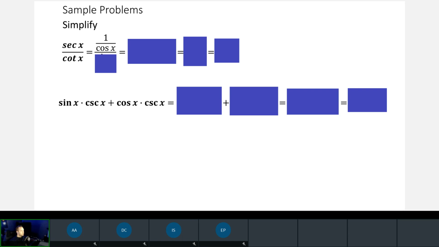Oh, I don't have it on the sheet. Oh, well, I don't have the sheet. Okay, that's okay. Oh, I do. Yeah, I do. It is on the sheet. Yeah, cosine over sine. So, I wrote it wrong. Dang it. So mad at myself.